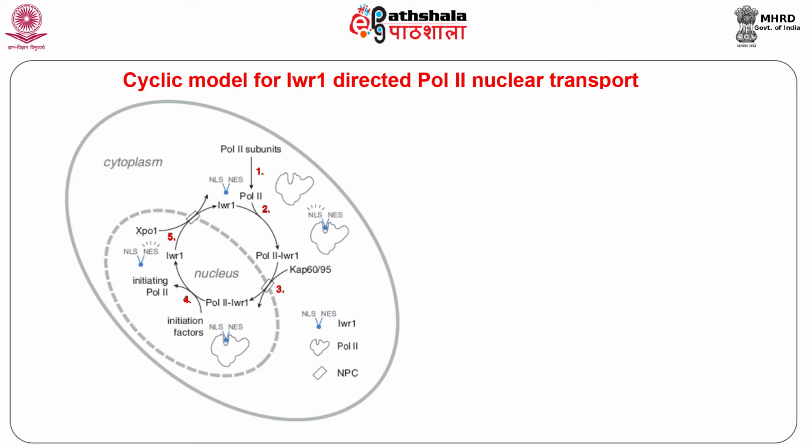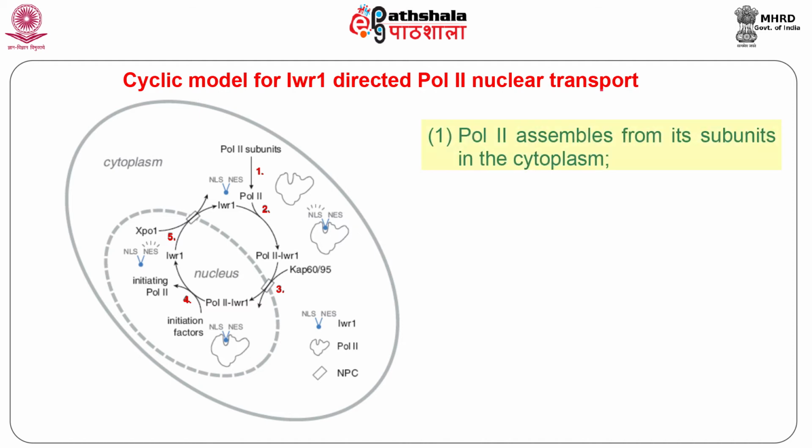Because these polymerase II subunits do not have known nuclear localization signal, the exact mechanism of its import into the nucleus was not very clear till recently. Now, studies have come up with a cyclic model for nuclear import of this enzyme.